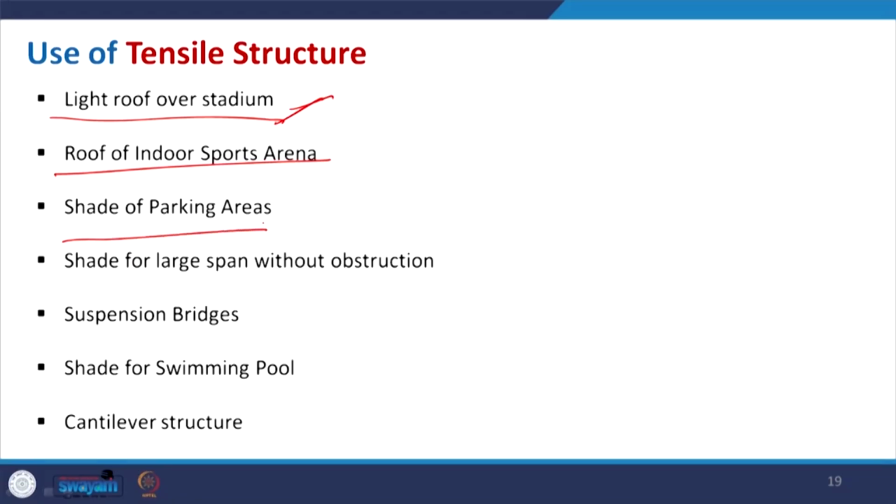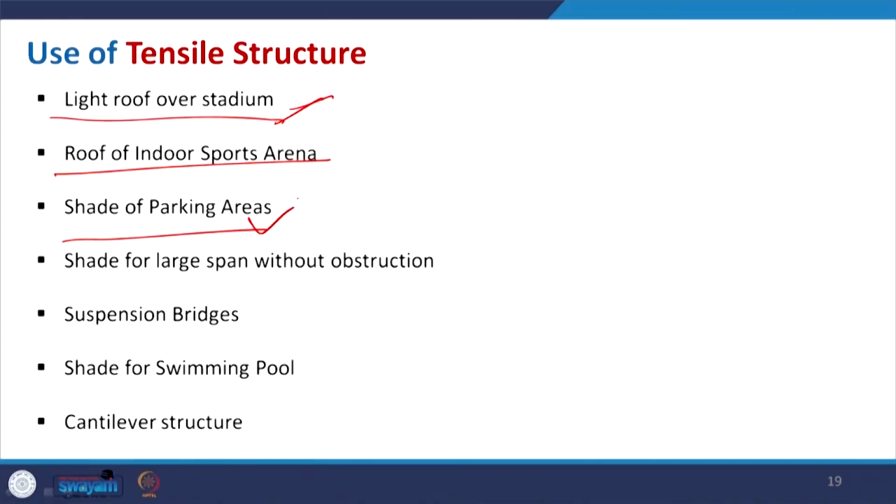Again, the roof of the indoor sports arena that we discussed. Then sometimes, not only to cover a huge span, but to make it very light for parking areas or any shaded area in the open plaza, we can also have this kind of tension and fabric structure, which will make our space column free.